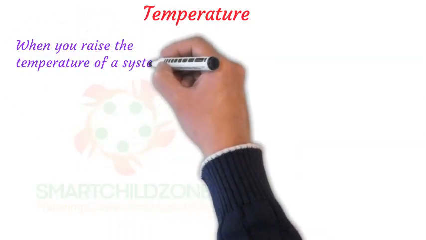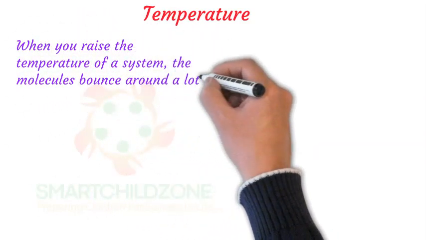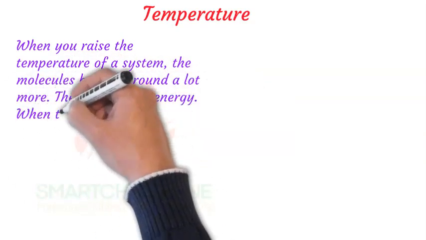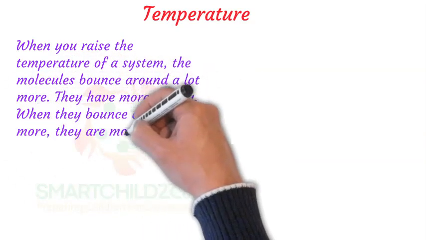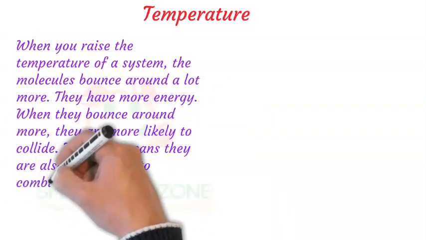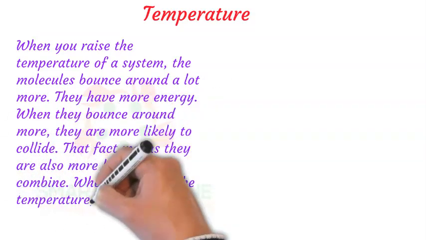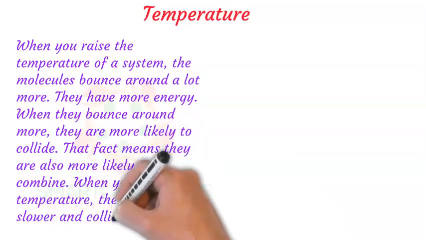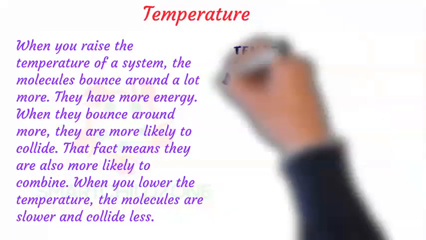When you raise the temperature of a system, the molecules bounce around a lot more. They have more energy. When they bounce around more, they are more likely to collide. That fact means they are also more likely to combine. When you lower the temperature, the molecules are slower and collide less.